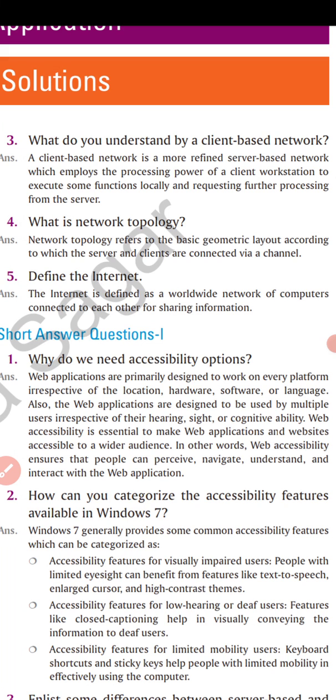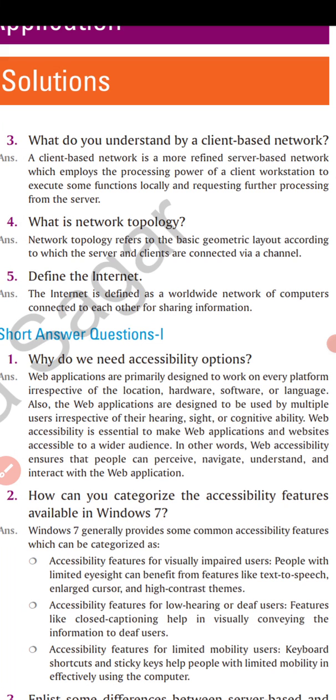The internet is defined as a worldwide network of computers connected to each other for sharing information. So dear students, the internet is a worldwide network. Whatever place is connected by the network, as you know well nowadays, it is a network of computers connected to each other for sharing information.